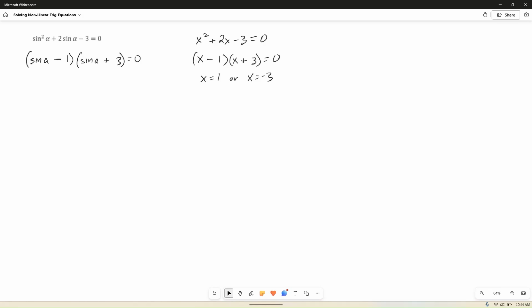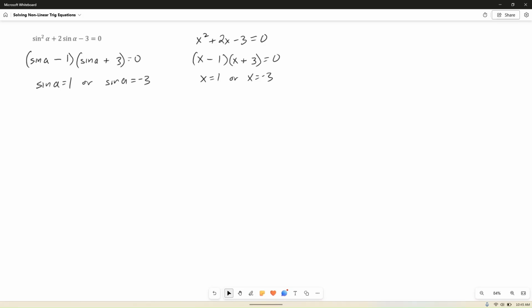Okay. If we take those factors and set them each individually equal to 0, then we get the sine of alpha is equal to 1, or the sine of alpha is equal to negative 3. Okay, so we've taken this quadratic equation, and just like we've seen in the previous examples, we've reduced it from quadratic to 2 separate linear equations.